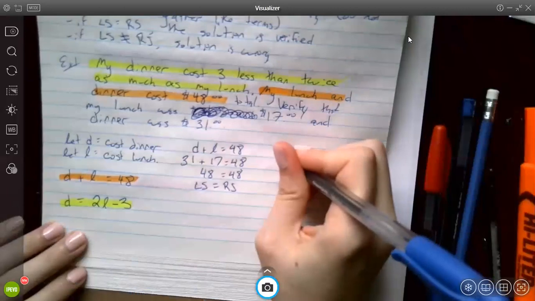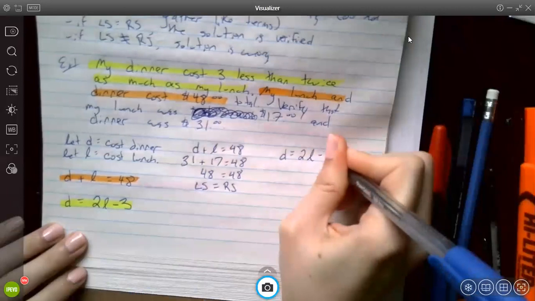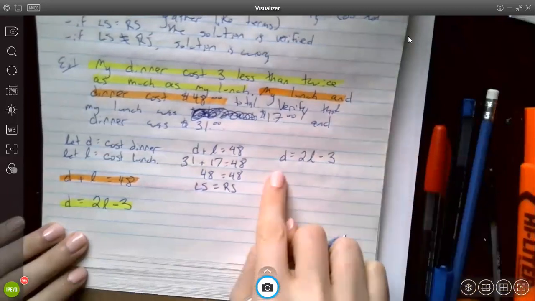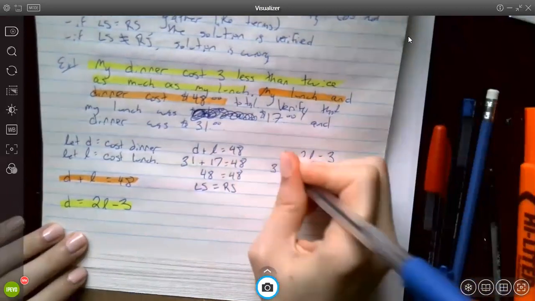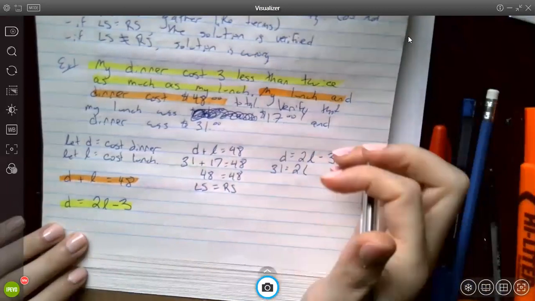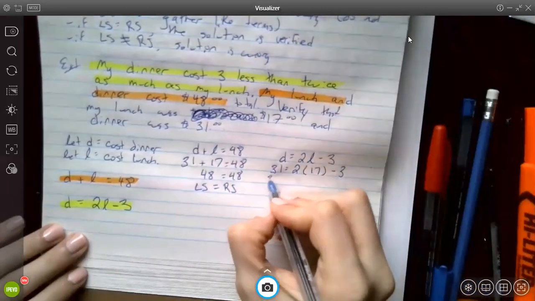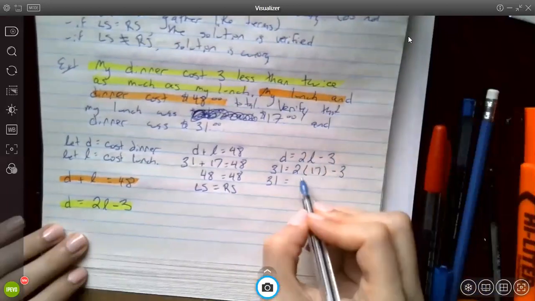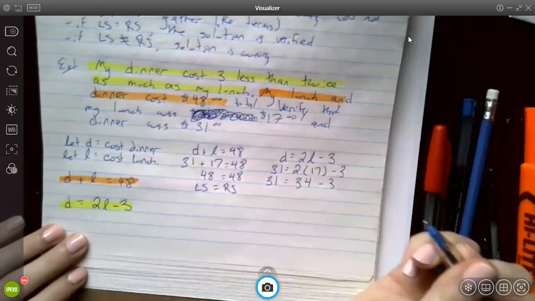So the second equation is D equals 2L minus 3. Once again, I'll plug in my D of 31 equals 2 times the lunch value of 17 minus 3. So 31 equals 2 times 17, which is 34 minus 3.